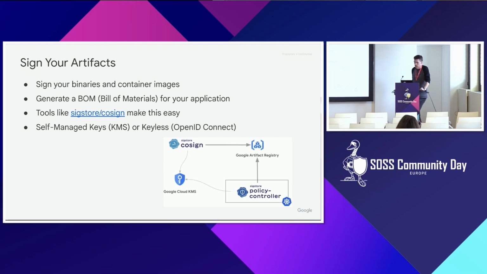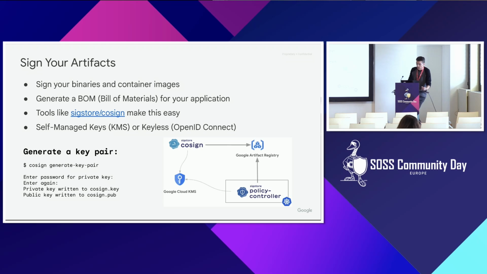Or, as I think was shown before, we can use an OpenID Connect token identity to generate the token. And we can also use the classic way, where we generate a signing key pair of private and public keys, and then use them in the CI system to sign.